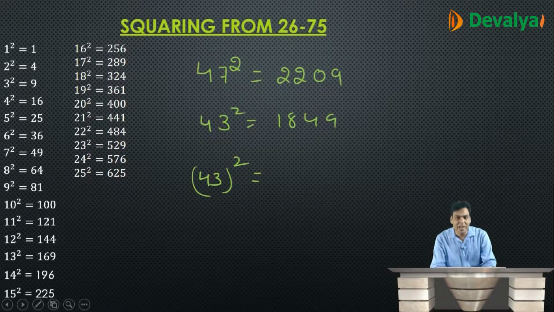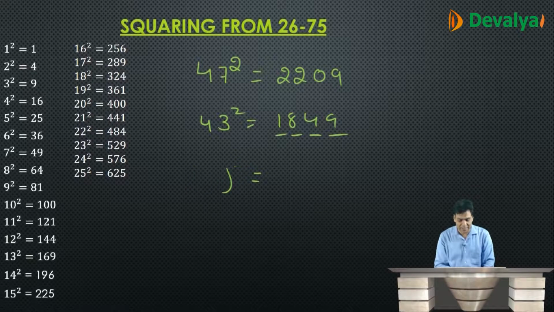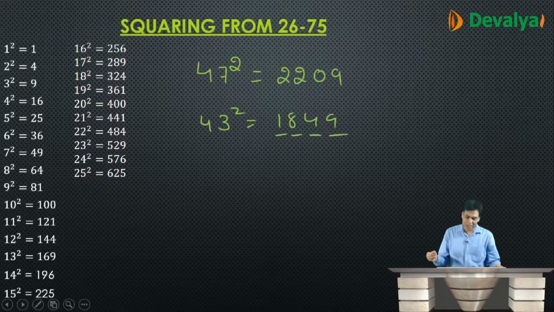I subtracted 43 from the base, that is 50. It is negative 7. After that, I subtract negative 7 from 25. It would be 18. So, I got my first two digits. The difference is 7, so I write the square of 7 here. It becomes 49. Is it okay?